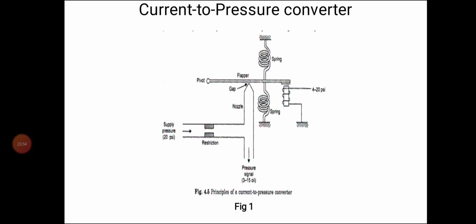So by varying between 4 to 20 milliamps of signal, we get an output pneumatic signal of 3 to 15 psi. This is the way a current to pressure converter works with a nozzle flapper system.